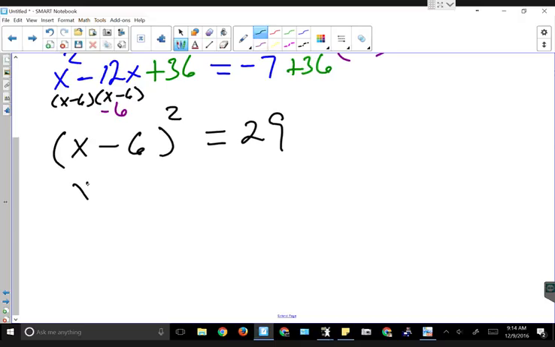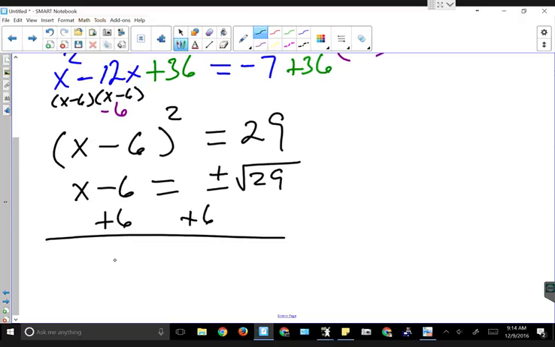So now I've got x minus 6 is equal to, is there any factor of 29 that's a perfect square? The answer is no, 29 is a prime number. So what we end up with is plus or minus the square root of 29. What's the last step? Add 6 to both sides, and we end up with x is equal to 6 plus or minus the square root of 29.